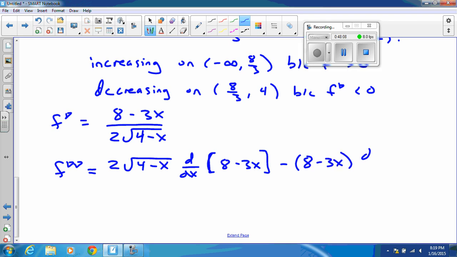Remember that f prime was equal to (8 minus 3x) over (2 roots 4 minus x).